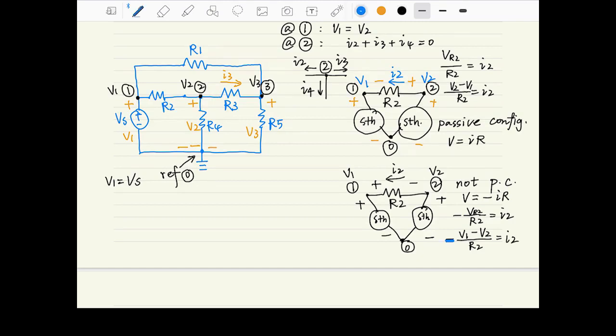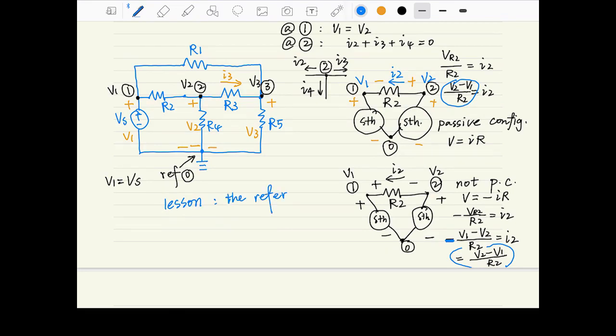So under passive configuration, Ohm's law should be V equals IR. And let's see what difference we have if it is not following the passive configuration. We still discuss the resistance R2 to remain consistent. This is R2, something here, we don't care.